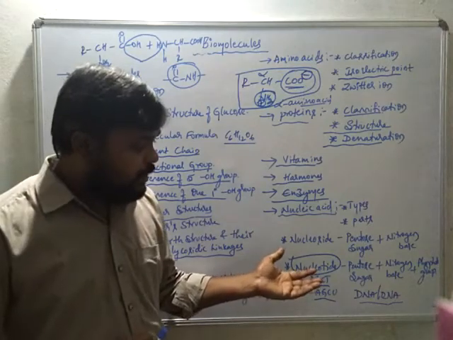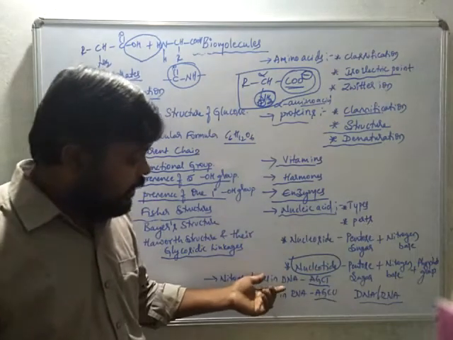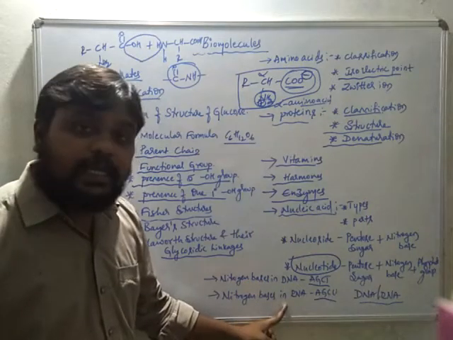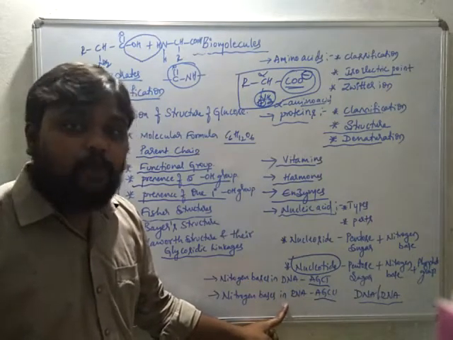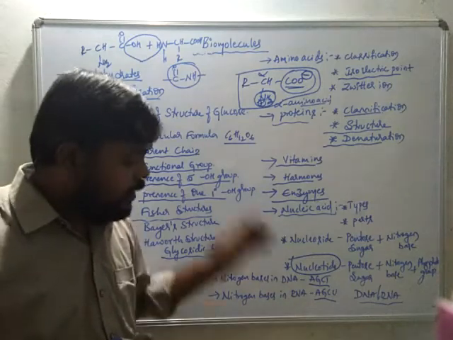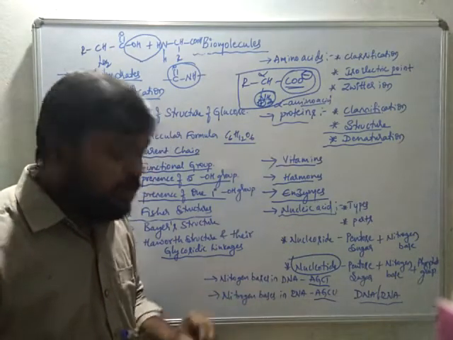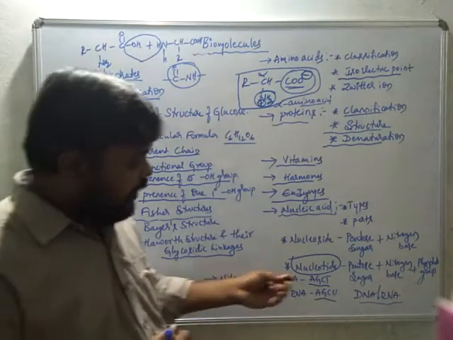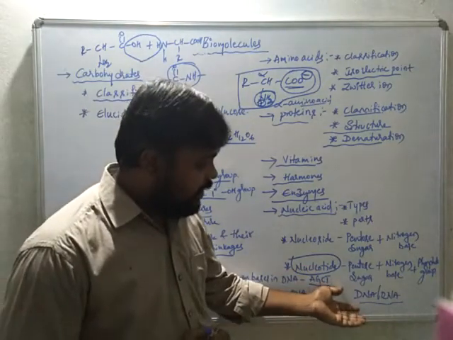The pentose sugar present in DNA is beta-deoxyribose, whereas in RNA it is beta-ribose. That is the pentose sugar moiety present in the DNA and RNA. So finally, we have differences between DNA and RNA.